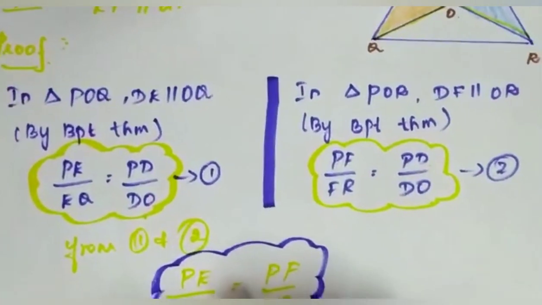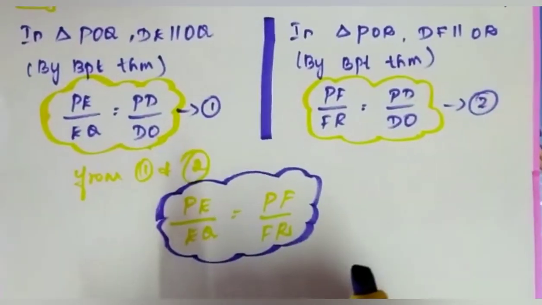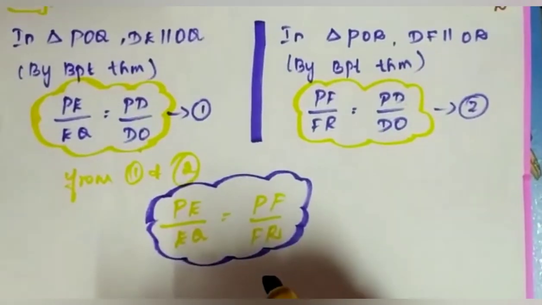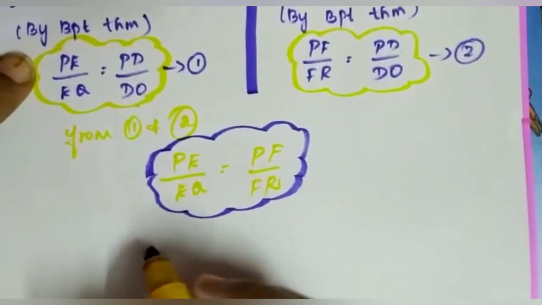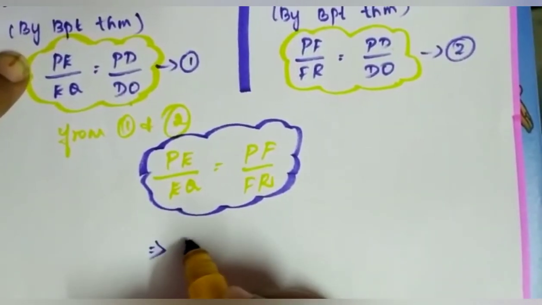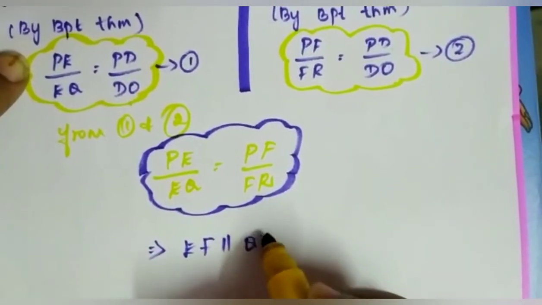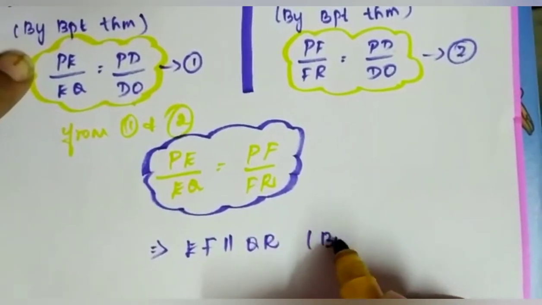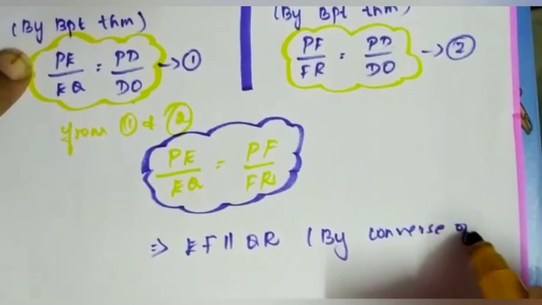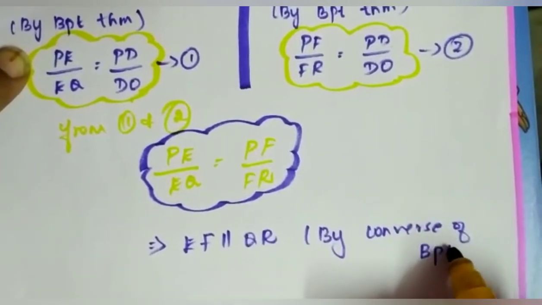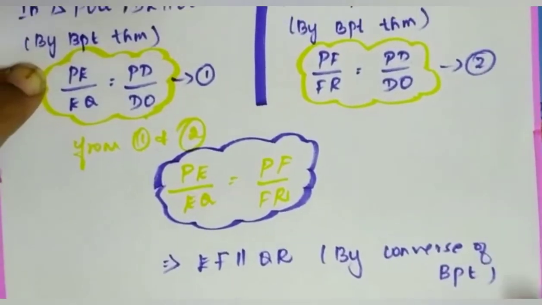So I proved that the sides are in the same proportion. So I can conclude that EF is parallel to QR by converse of BPT theorem.